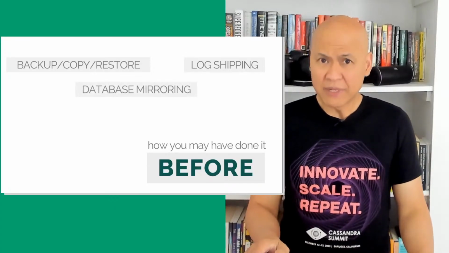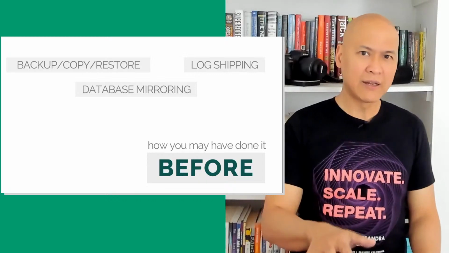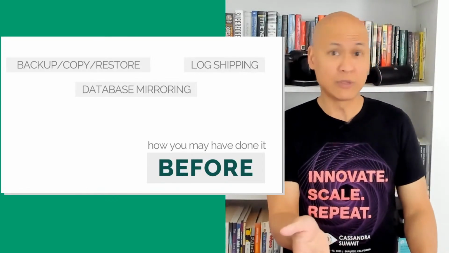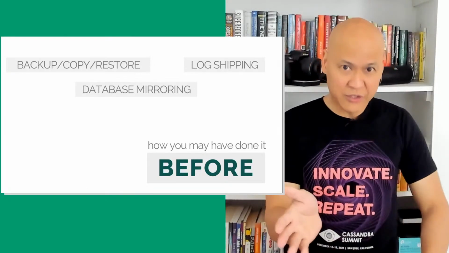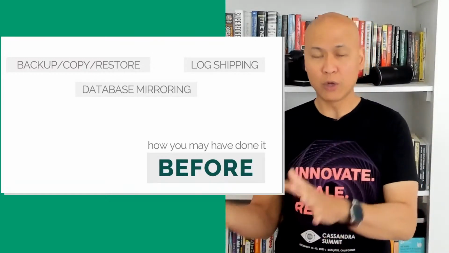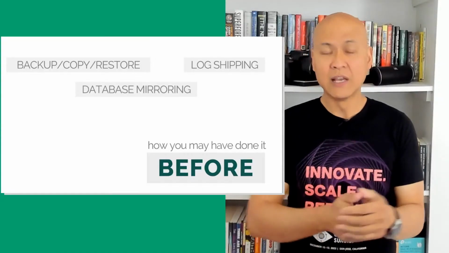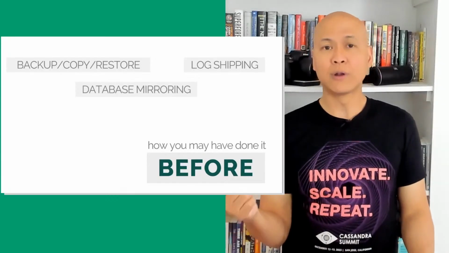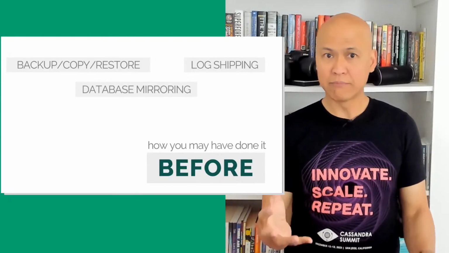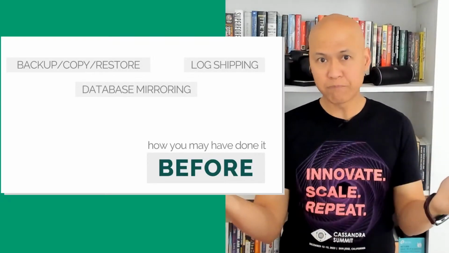And then there's database mirroring. Of course, just because Microsoft says it's deprecated doesn't mean it's not supported. You can still use it as a strategy to shorten the amount of time for you to do a cutover between your old production and your new production. Again, the challenge there is, if you want to land on an Always On availability group, you cannot combine Always On availability group with database mirroring. You have to pick and choose.